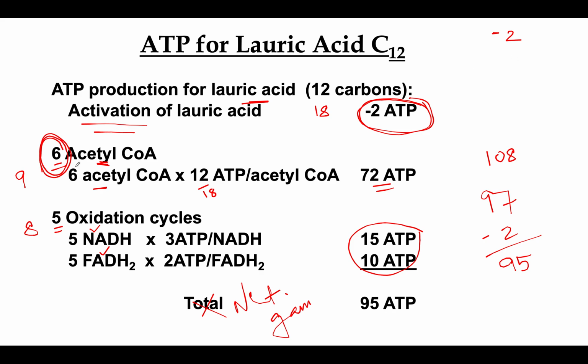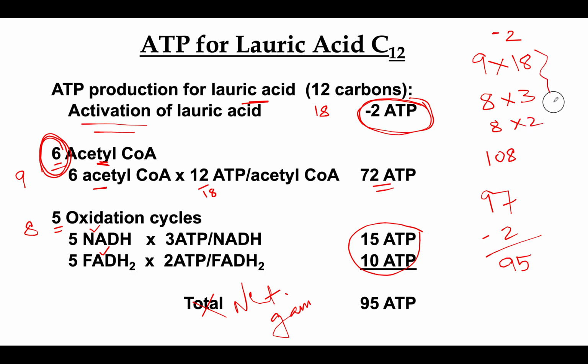Don't make this mistake that I was trying to highlight, that you always take 6. So in this case I have 9 into 12, and 8 into 3, 8 into 2.